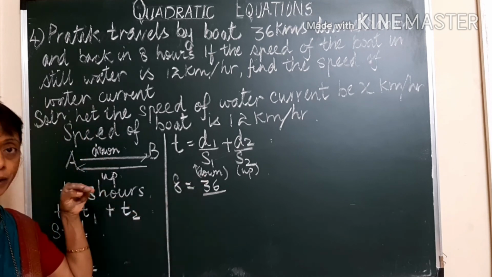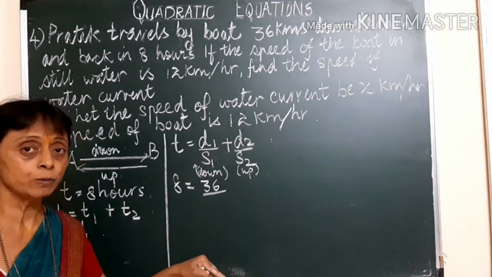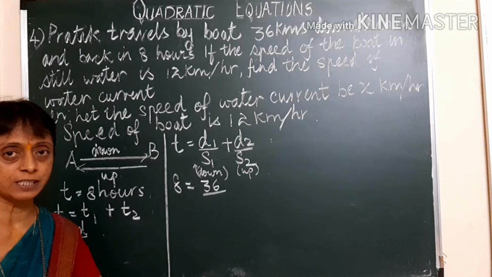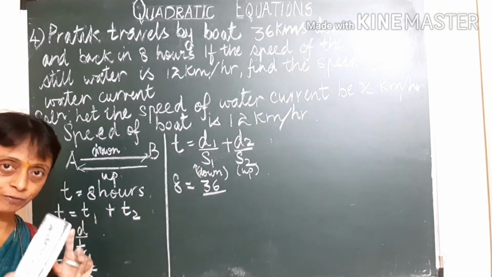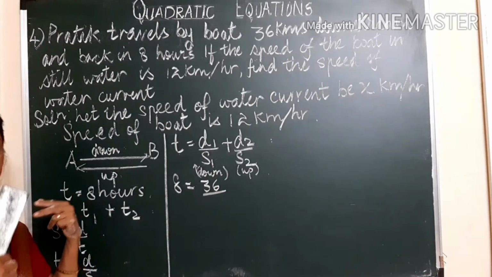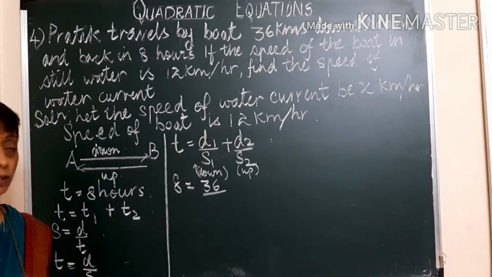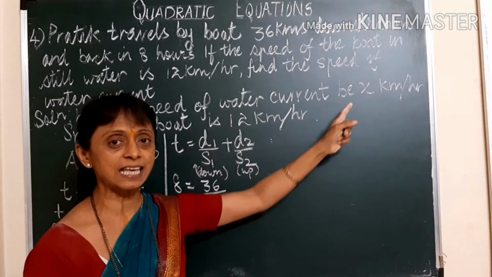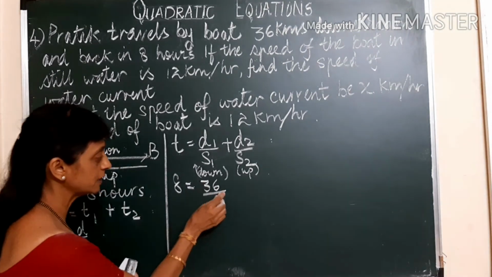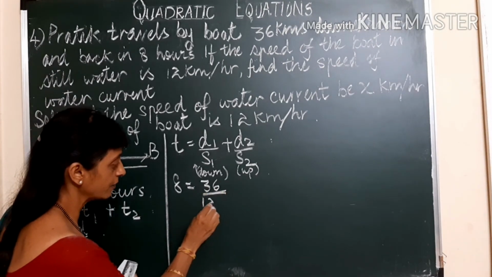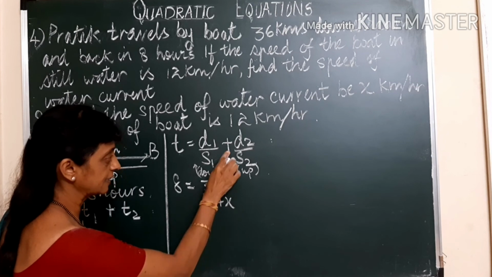Now when he is going down, what will be the speed with which he goes down? It will be the speed of the boat plus the speed of the water. What is the speed of the boat? 12. What is the speed of water? It is x. So the total speed will be 12 plus x.